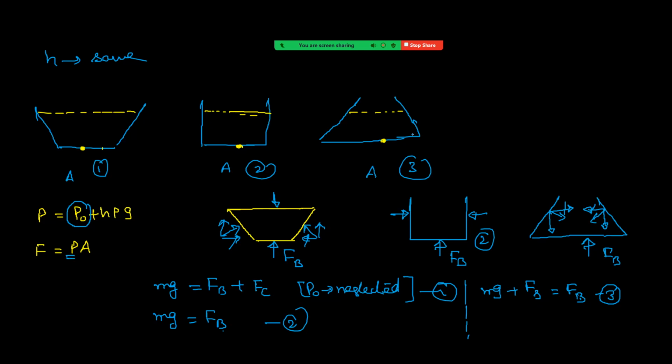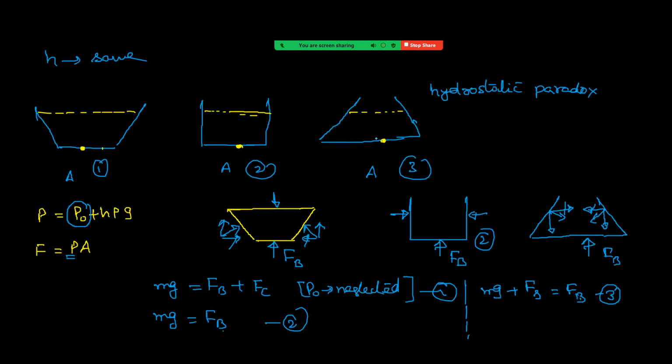And see, this is known as the hydrostatic paradox. See the meaning of this. Generally, students may feel that here more volume is present, therefore more force acts on the bottom, and here less volume is present, therefore less force acts on the base.